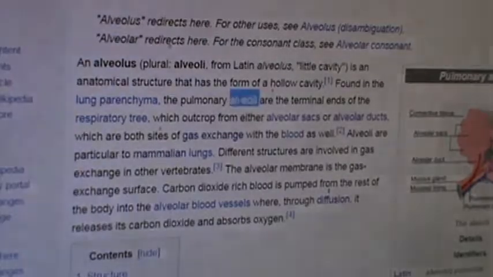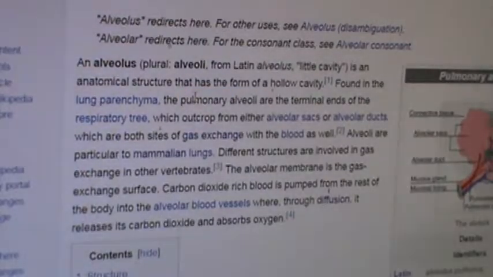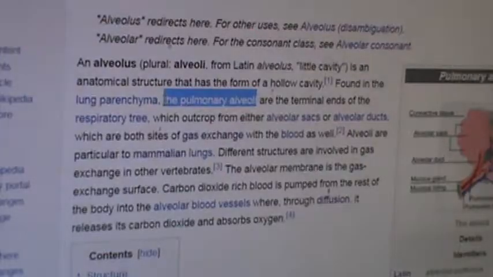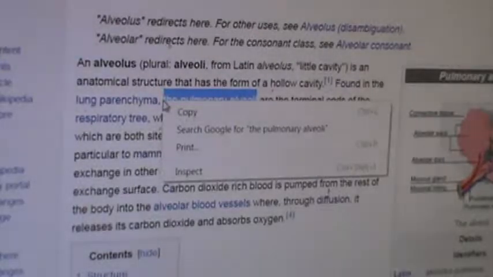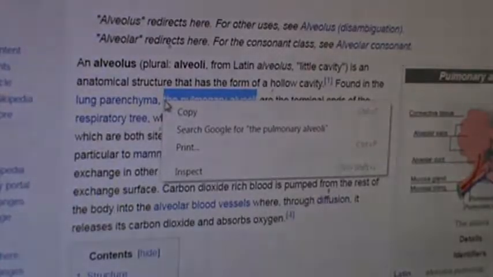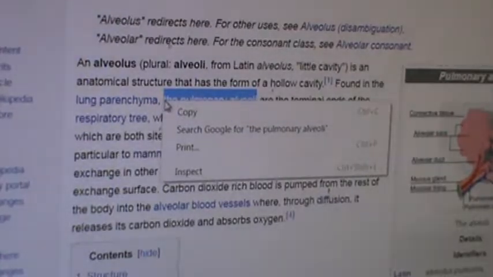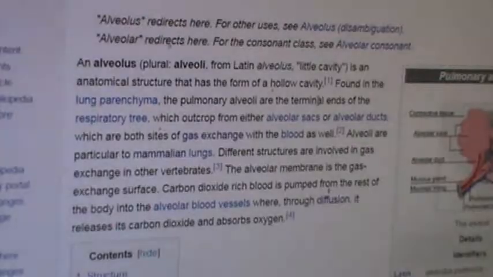So cool. Oh yeah, so this is cool. Yeah, the pulmonary alveoli. Right, that's a gorgeous Father plus 1. The pulmonary alveoli is flawless for Father, 184, or 144, 186. Are the terminal ends of the respiratory tree.